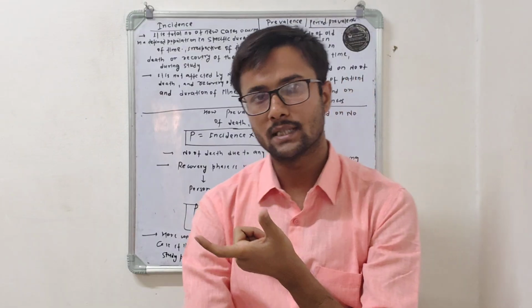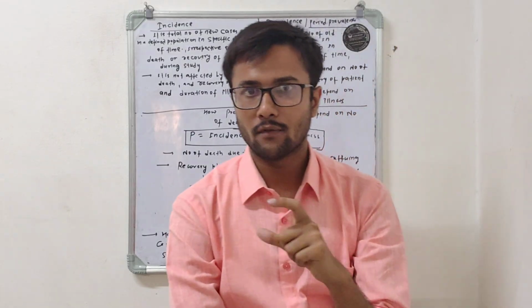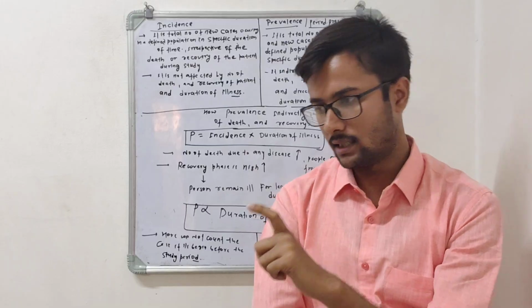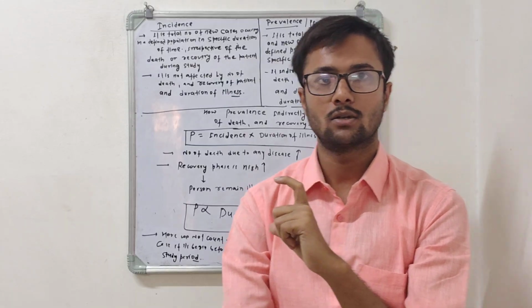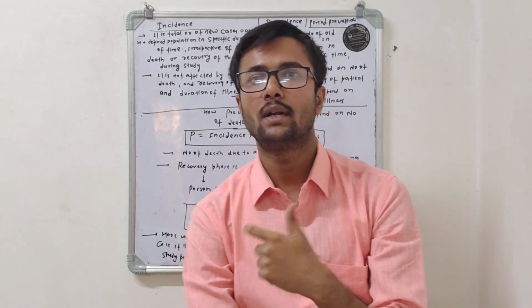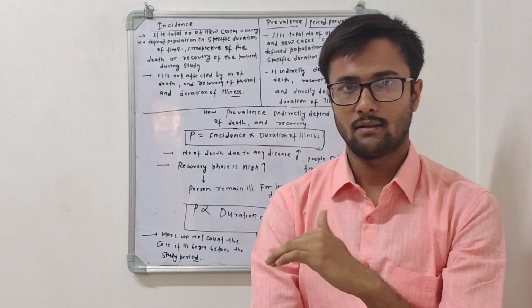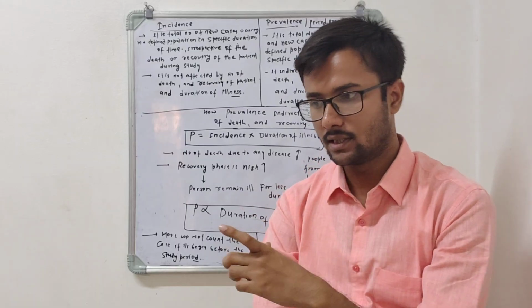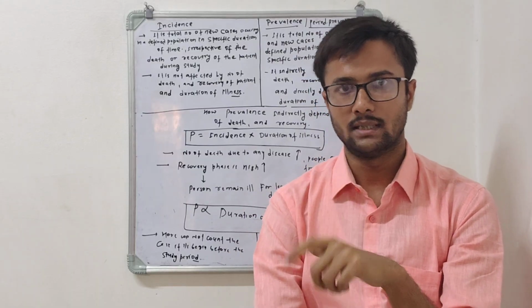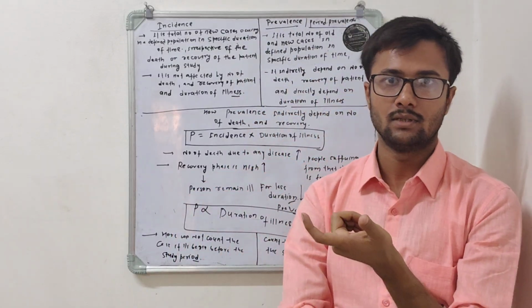So during a specific duration of time, the total number of new cases that come in a population is called incidence. Incidence is not affected by the duration of illness, or if any patient recovers during the study, or if the death of a patient occurs during the study.